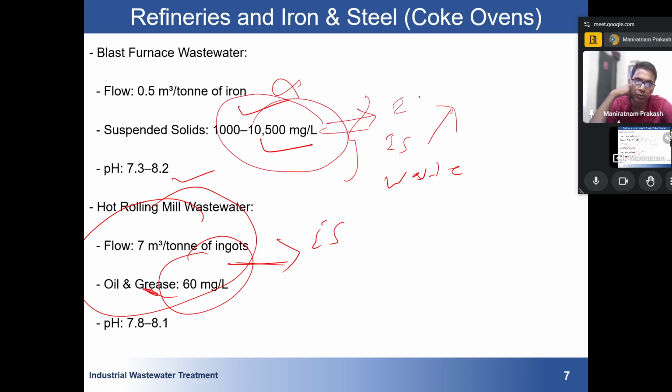As per the IS code, there is a limit on how much should be discharged from the industry. If it is not within the limit, for example if this much suspended solid is there, then as per the IS code, that limit should be followed.